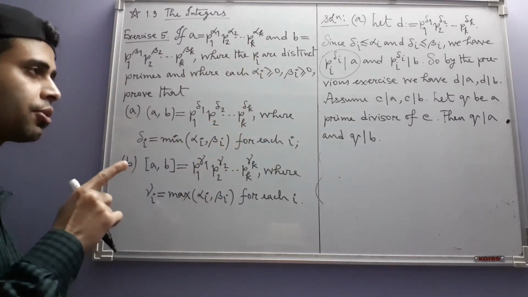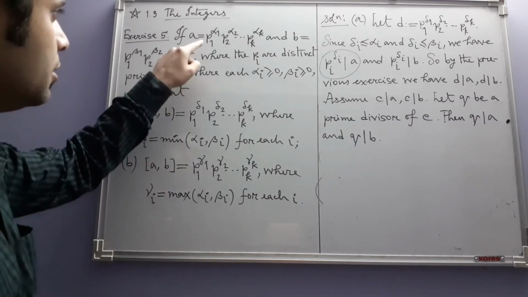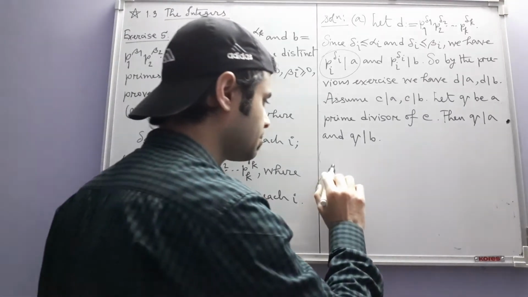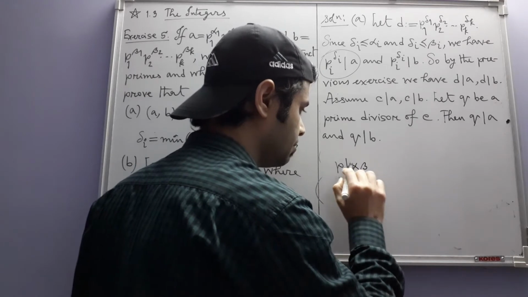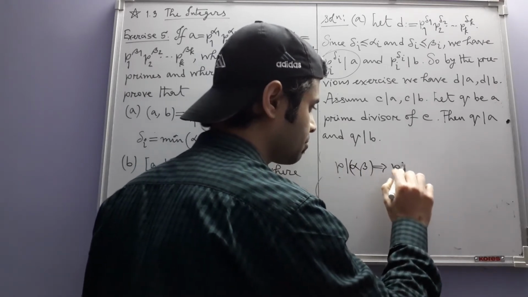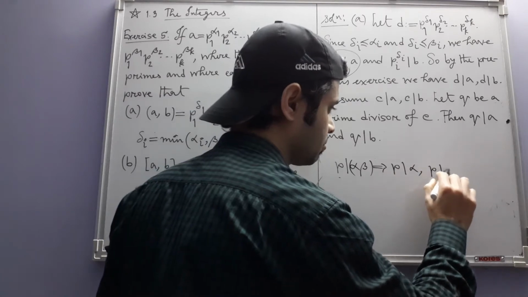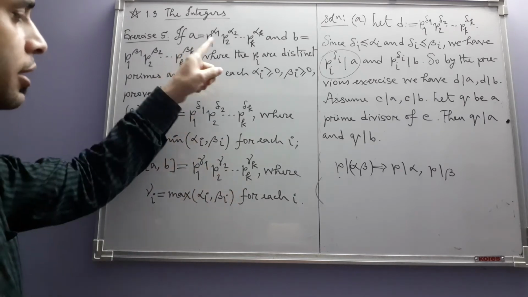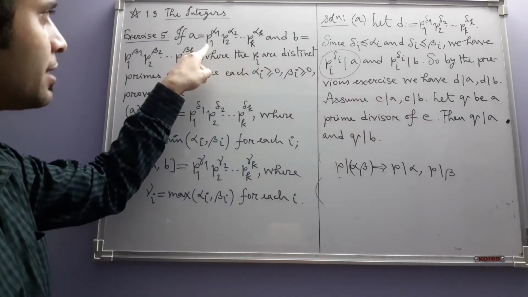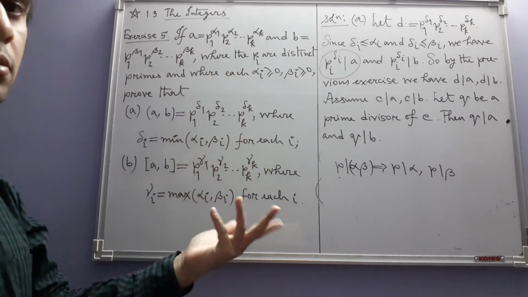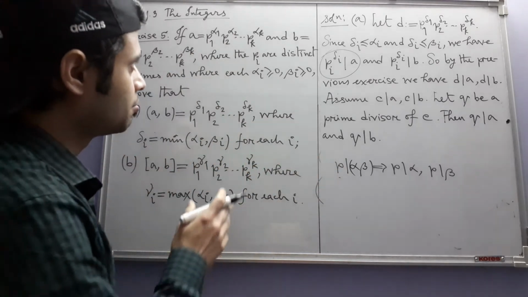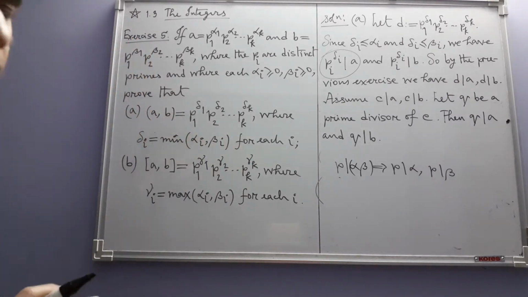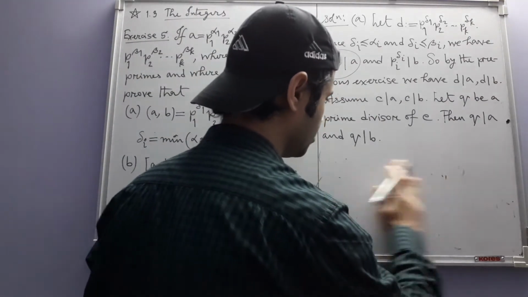So according to a corollary to one of our previous results, if a prime number divides a product, it has to divide at least one of the factors. It's the extension of this result. So since Q divides A, Q has to divide either P1 or P2 or up to Pk. But the Pi's themselves are prime, so Q has to be equal to one of the Pi's. That's the conclusion that we can draw from this line.